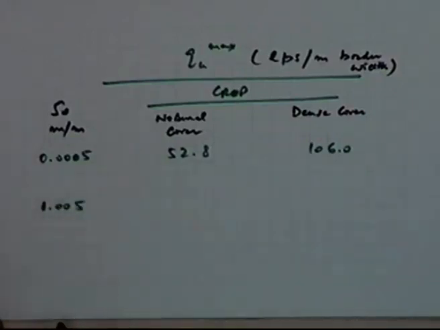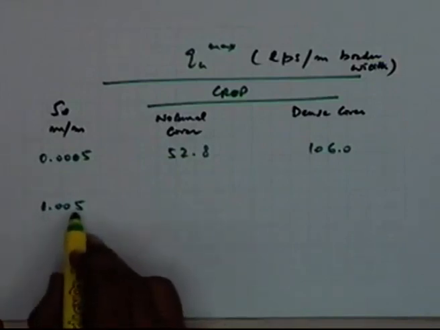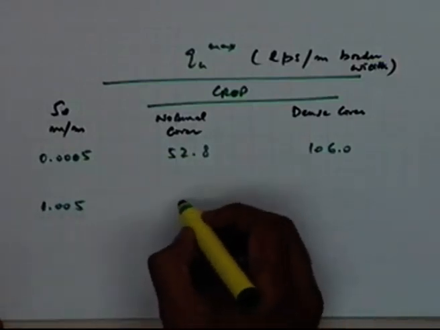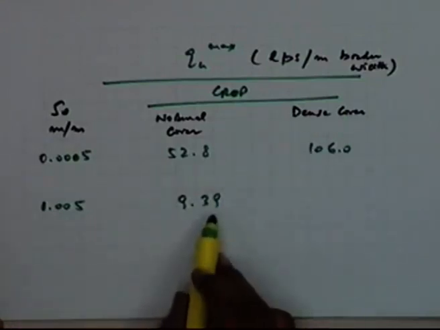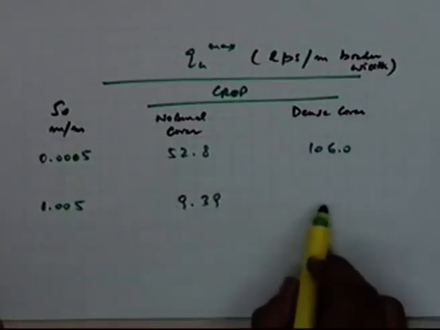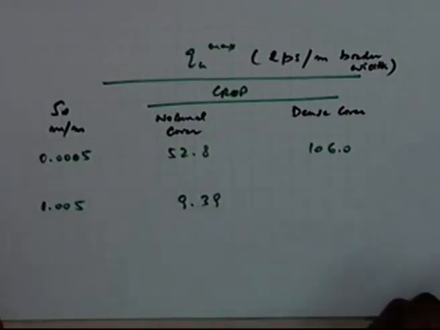If the slope is 0.5%, then it reduces to 9.3, and this will be around 18.8 or so.